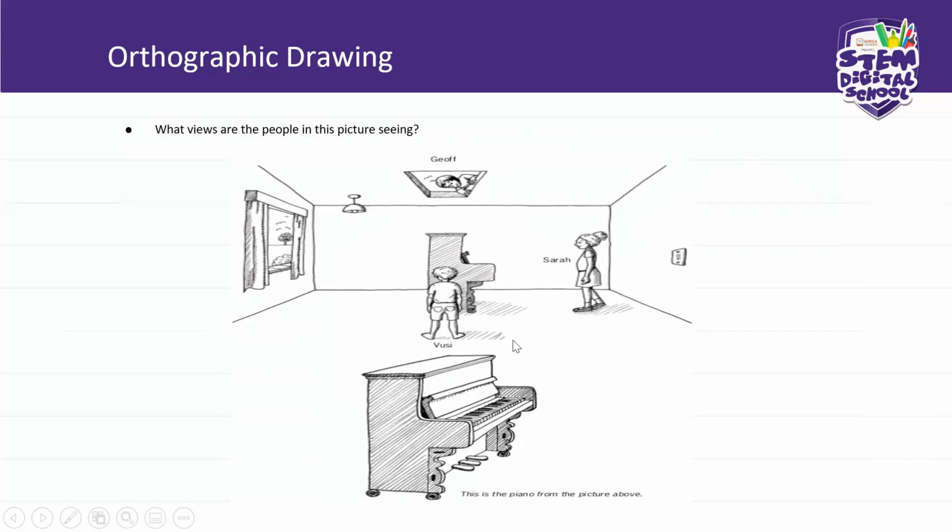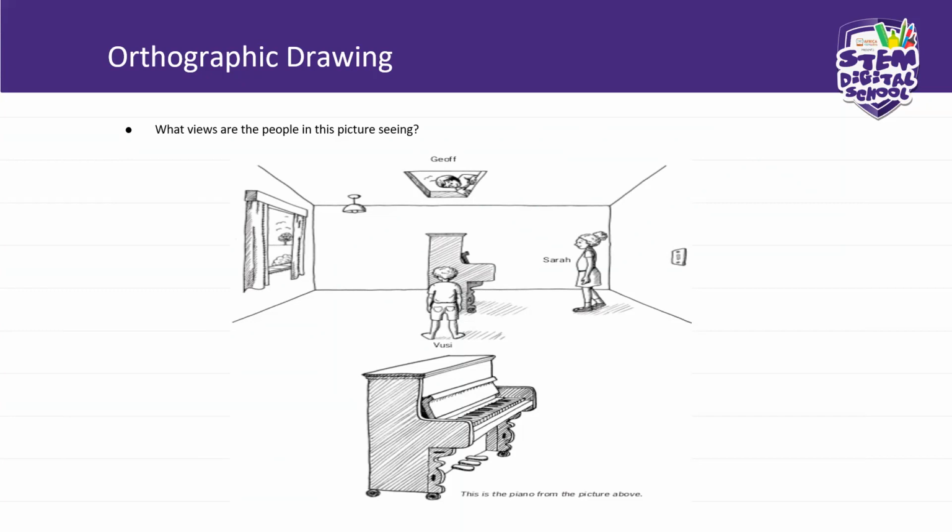Each one of these characters must draw this piano in the way that they see it. Okay, so what will Sarah be drawing? What Sarah will be drawing is the front view of the piano. What Jeff will be drawing is the top view of the piano. What Vusi will be drawing is the side view of the piano. So it's not the same.